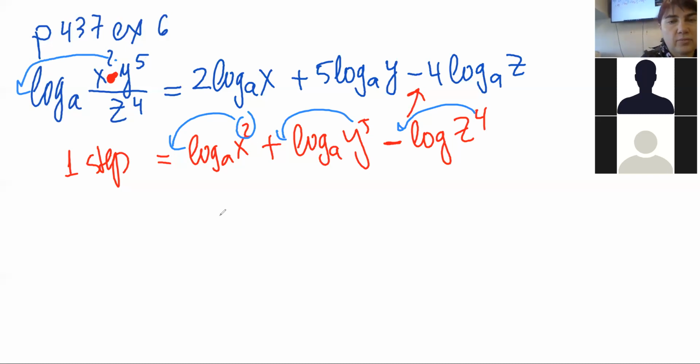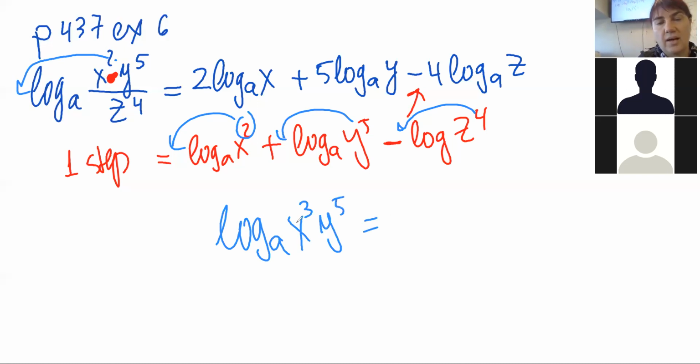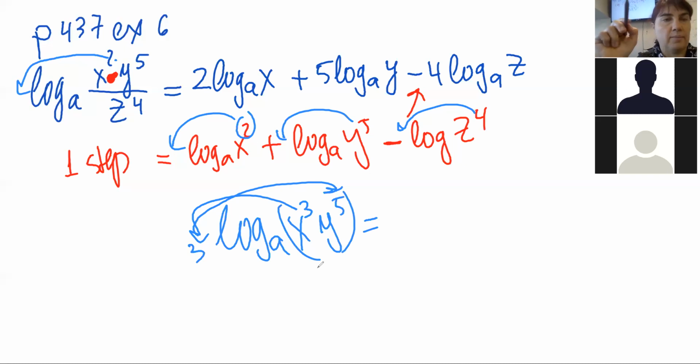For example, if you have logarithm with base a of x cubed y to the fifth, you cannot take the exponents now, because the 3 is just for the x, not for the y. But if you put it in front, it seems like it's for the whole thing, right? Okay.